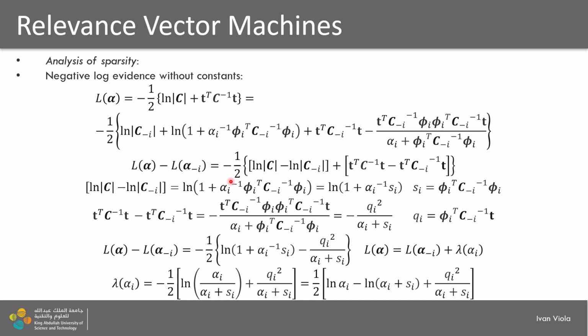And this difference can be simply expressed because the marginal likelihood or evidence, and the logarithm, is simply ln of C minus i, so it has a very similar structure. Instead of C, there is C minus i.